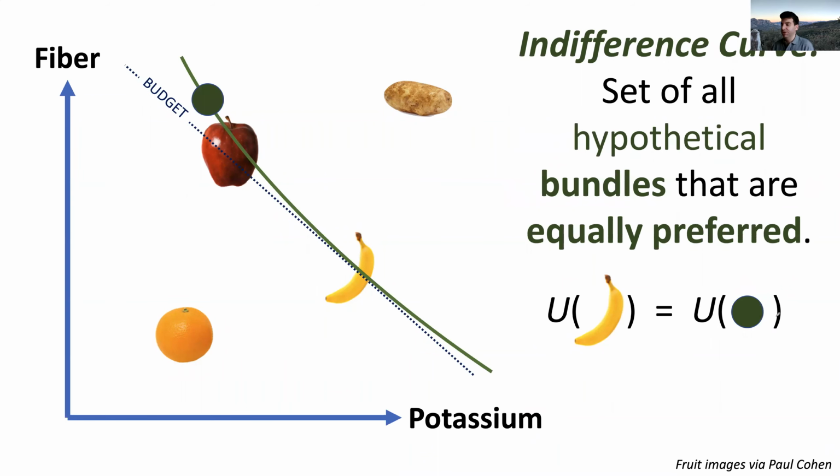So what I could continue to do with that person is ask them, how much more fiber would I need to add to this apple to get you to pick it over the banana? Let's say the apple is here. If I added a little bit of fiber to the apple, so it has the same amount of potassium, but now it has just this little bit more fiber, like I've drawn here.